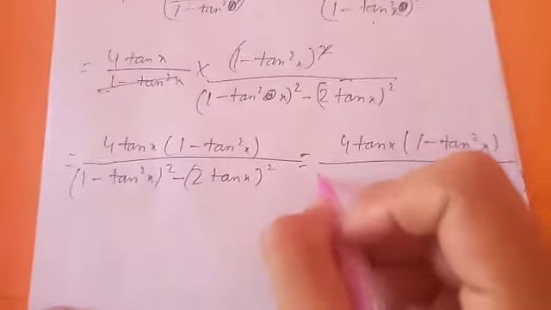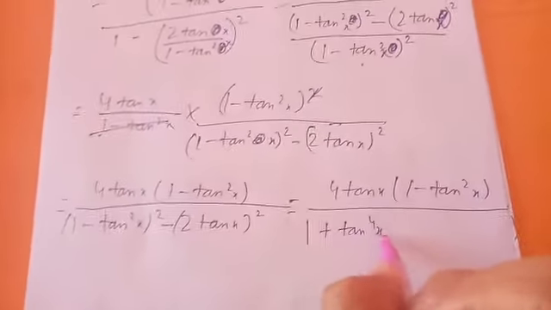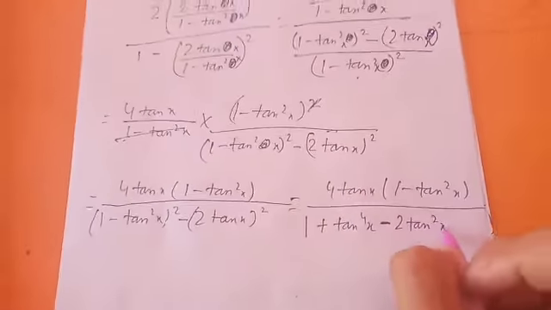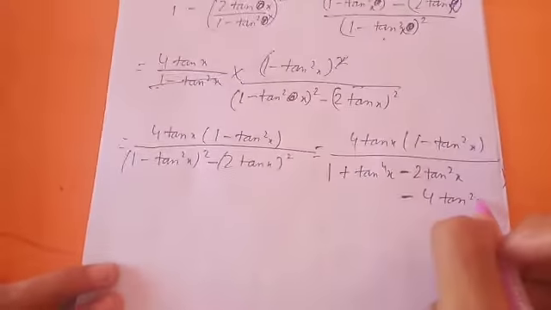So we will get 1 plus tangent 4x minus 2 tangent square x minus 4 tangent square x.